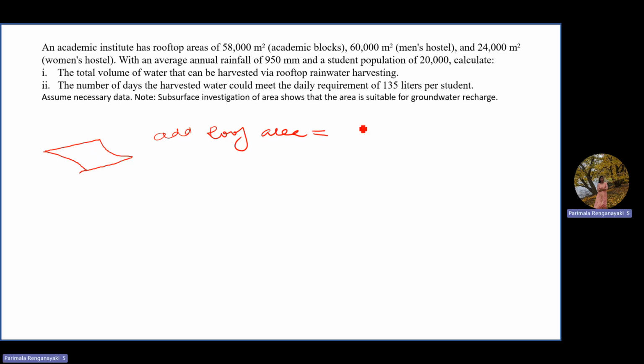So here 58,000 plus 60,000 plus 24,000. This will be our area.